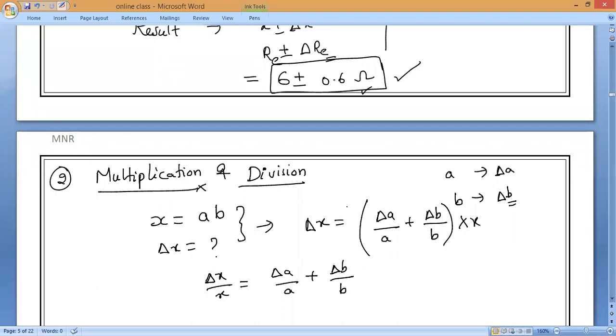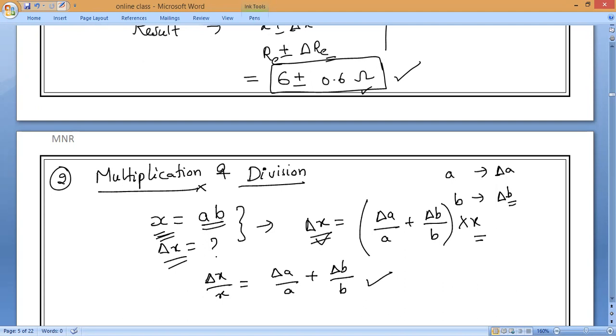So this is for multiplication actually. So for multiplication, x and delta x you have to find like this: delta x is equal to delta a divided by a plus delta b divided by b, into x, and x is equal to what?